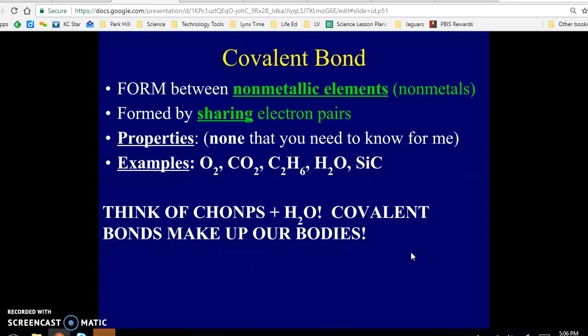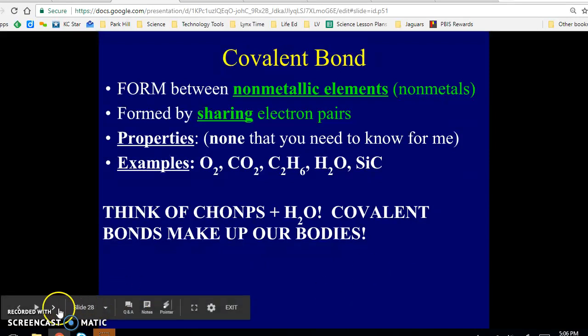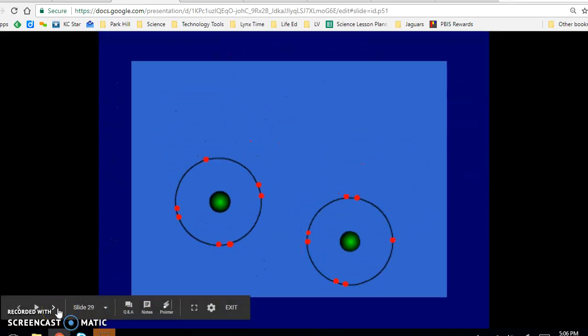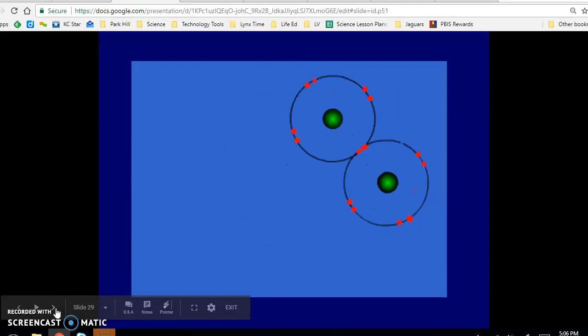So if you remember, covalent bonds form between two or more non-metal or non-metallic elements. Instead of transferring those electrons, they're going to share them. Remember, these are the types of bonds that make up our body. Here's the animation that I showed you.